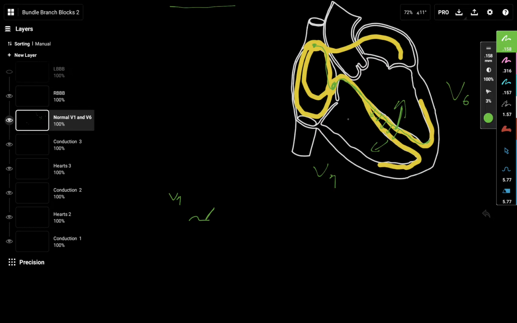But as far as electrical conduction goes, my left ventricle is significantly bigger, yeah? So my ECG is going to pick up the depolarization of my left ventricle, and the depolarization of my right one will be hidden behind it in my ECG.